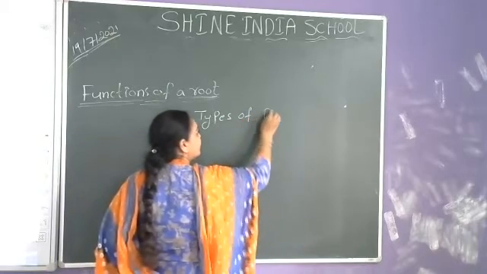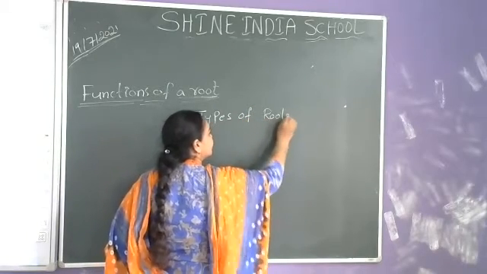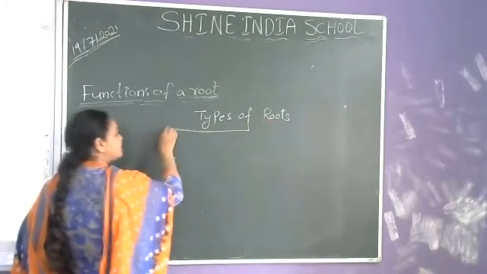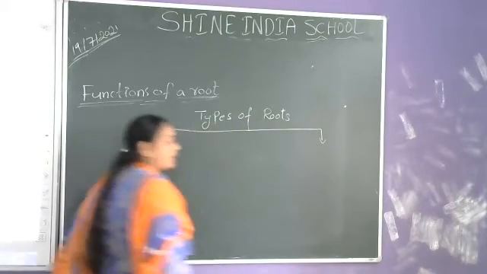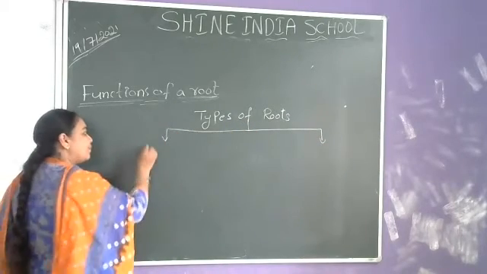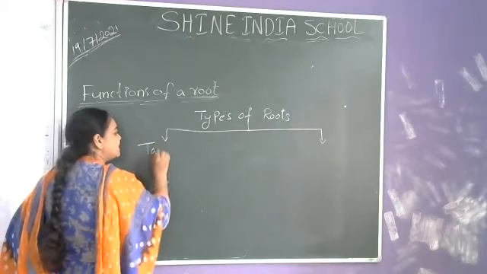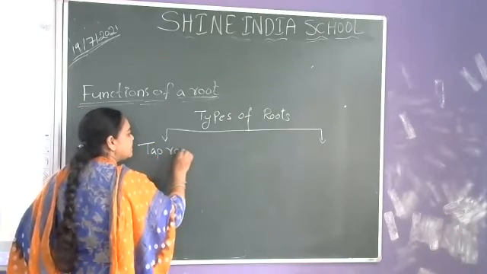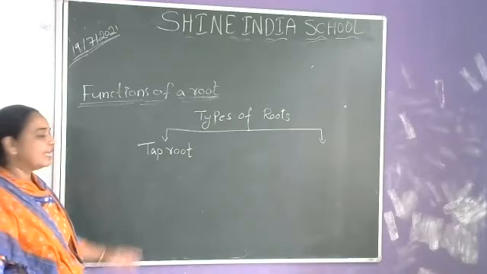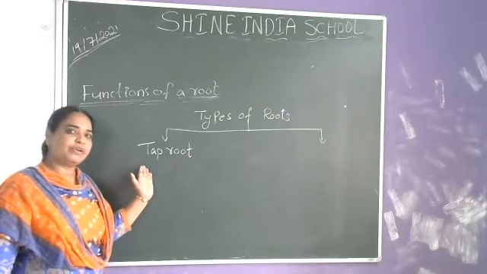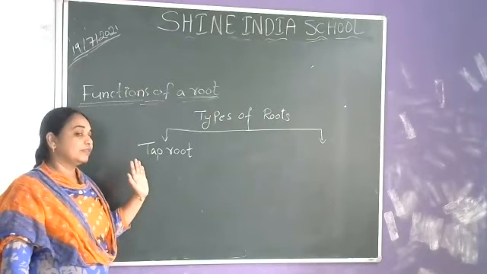Two types of roots are there. One is taproot. Say, children, taproot.